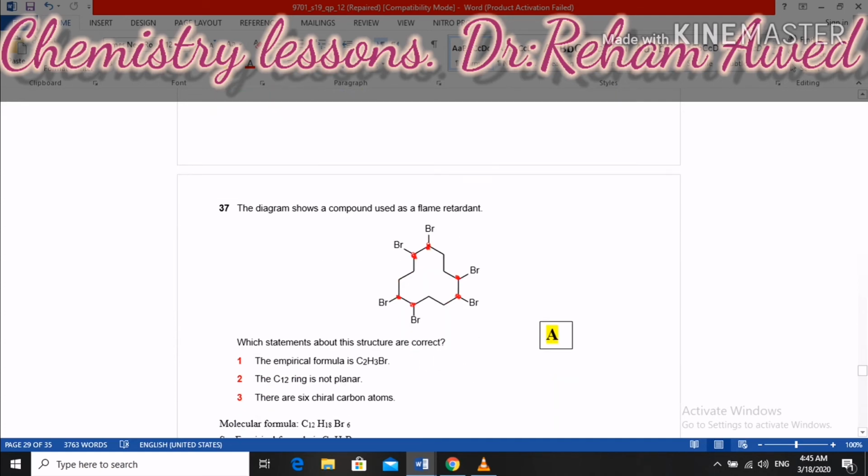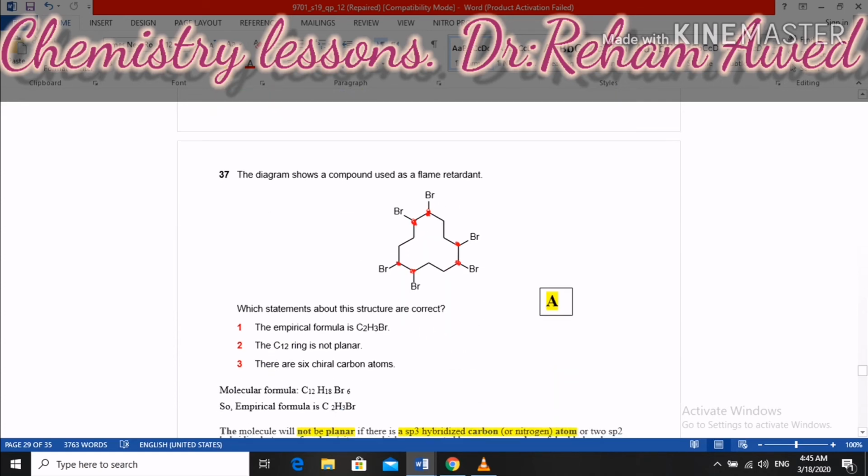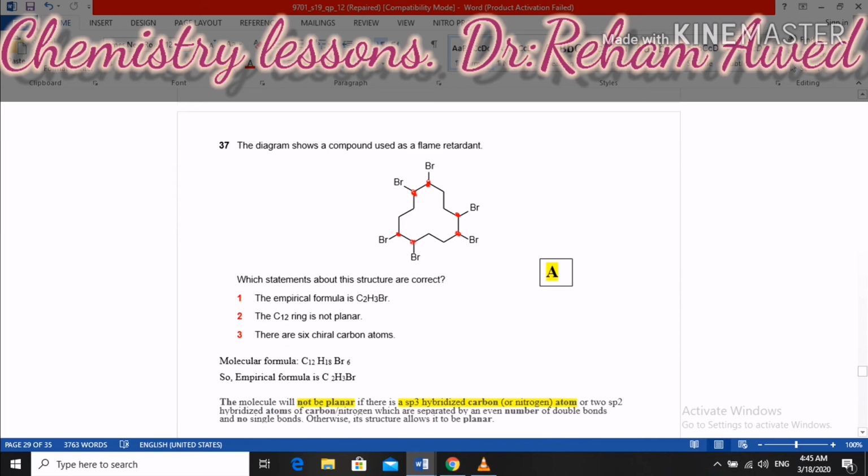Question number 37. The diagram shows a compound used as a flame retardant. Which statements about this structure are correct? The empirical formula. At first, for the empirical formula, just convert your compound from skeletal formula into structural formula and count the number of carbon atoms, hydrogen atoms, and bromine atoms.